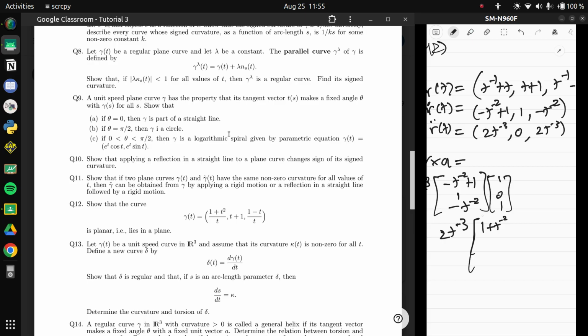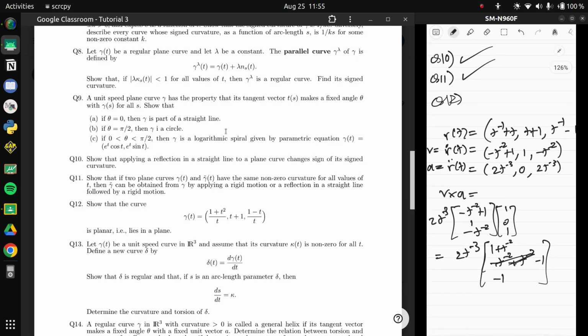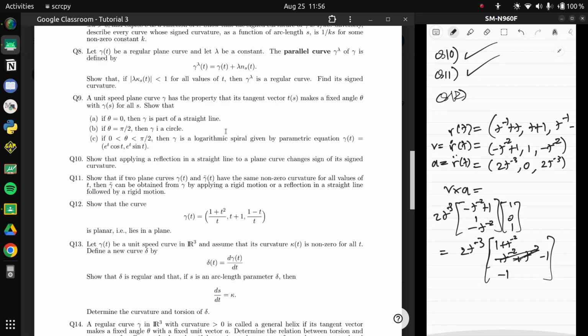So negative t to the power negative 2, minus that, is plus t to the power negative 2 minus 1, it cancels, it's minus 1, and that seems about right. And for the last one it's just this and that, so that's 0 already, so it's minus 1, right? Cool. So what do you see?